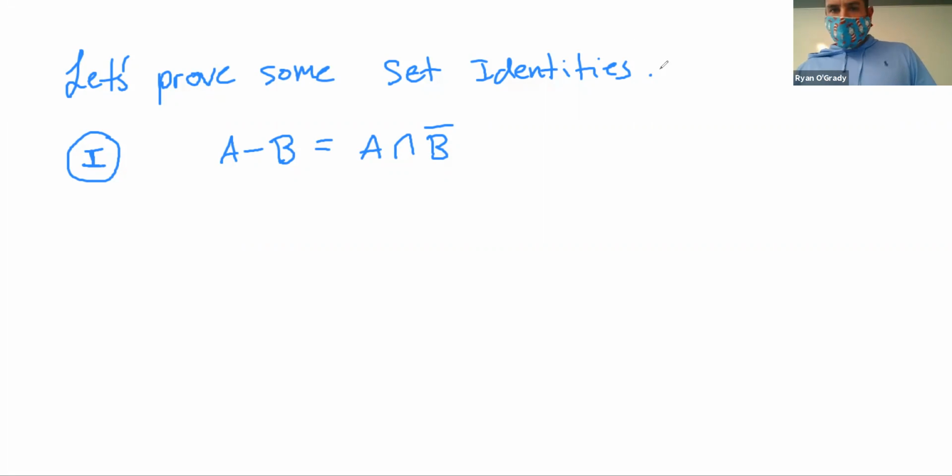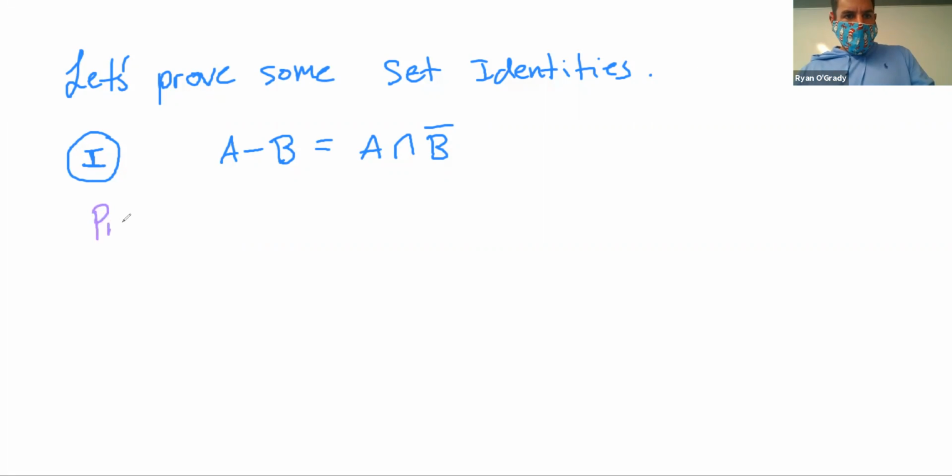So let's assume that, well, we'll write this down in the proof, but in the context, we're assuming that we have 2 sets A and B, and they live in some universal world. We'll call it U.